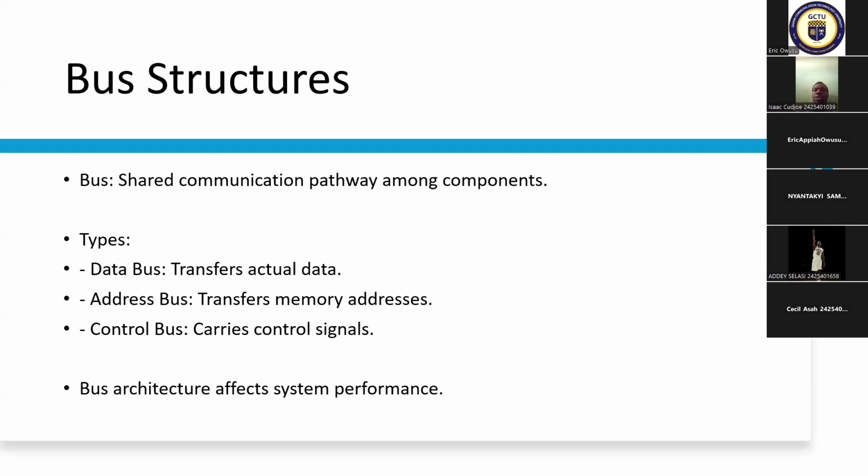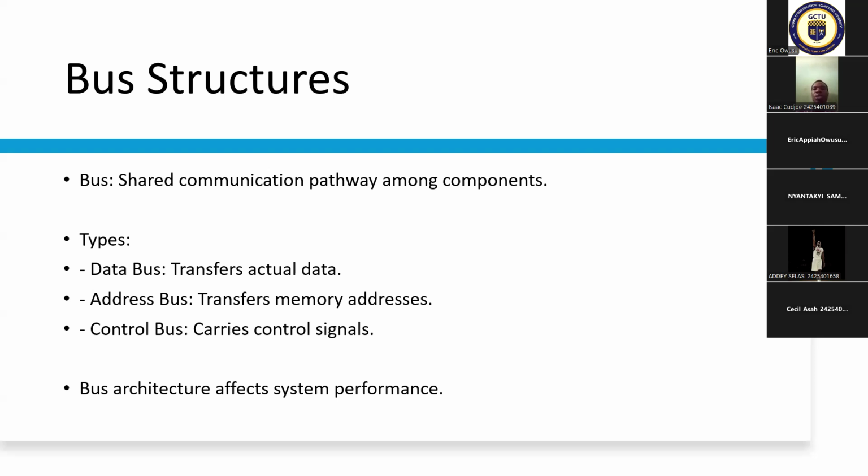It is bidirectional depending on the signal type. Single bus structure: all components use one bus for communication, which is simpler and cheaper but may become a bottleneck. Multiple bus structure: separate buses for data, address, and control, or multiple levels of data buses. This improves performance but increases complexity and cost.